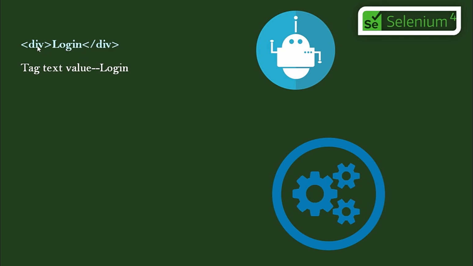Whatever you see between the opening div and the closing of the element in the HTML DOM is the text, and we call it the tag text. Basically we use this for link text. So when we write locators using the link text or the partial link text, we can deal with such types of web elements in the DOM.